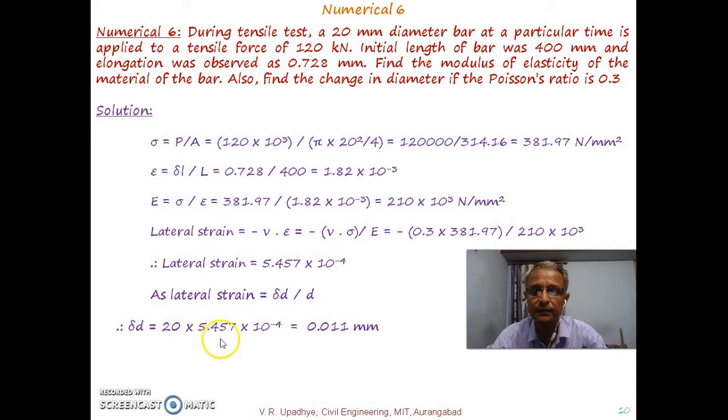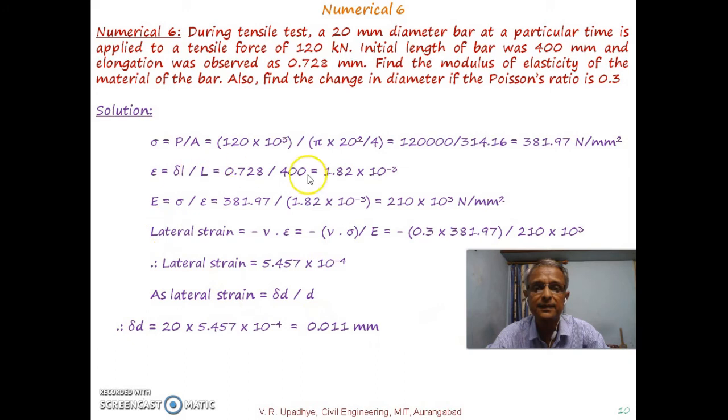If we calculate this, it gives a change in diameter of 0.011 millimeter. So this is the decrease in diameter when force is applied. This is the numerical we wanted to discuss regarding Poisson's ratio and lateral strain.